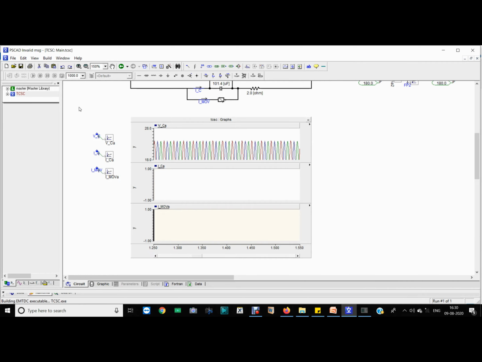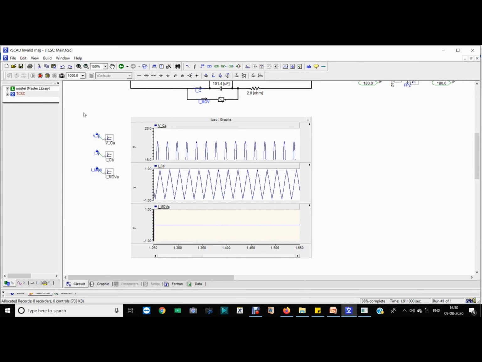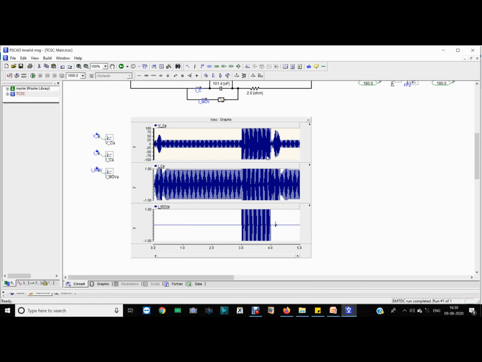Now run it again. Okay, we can see that at 3 second we are creating a 3 phase fault, right?